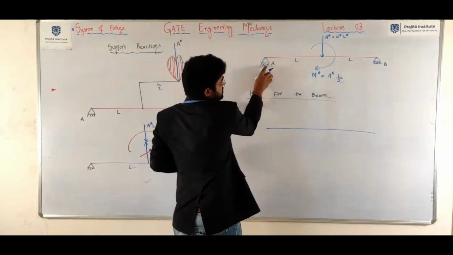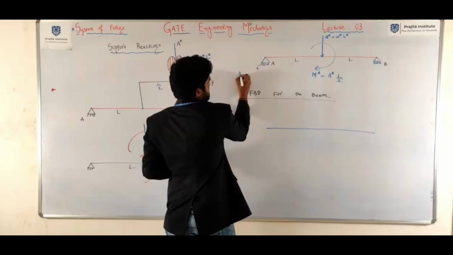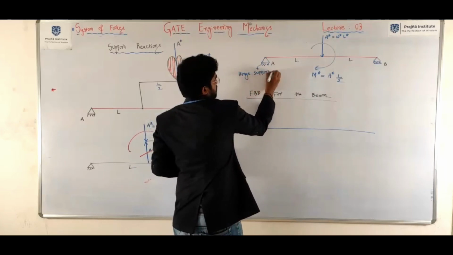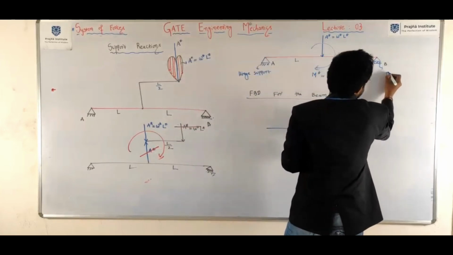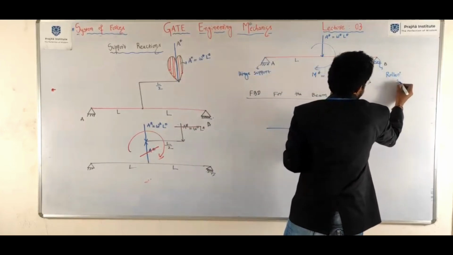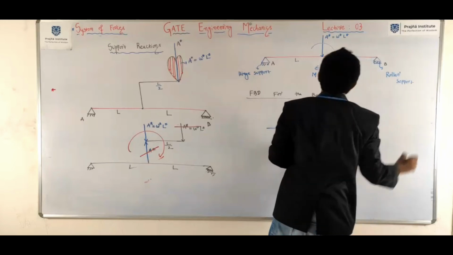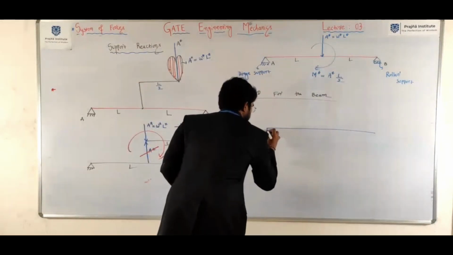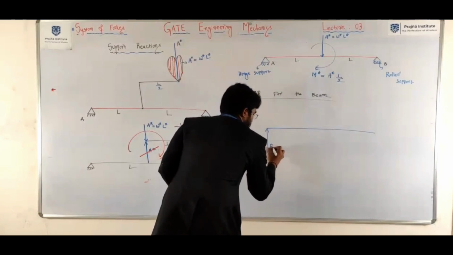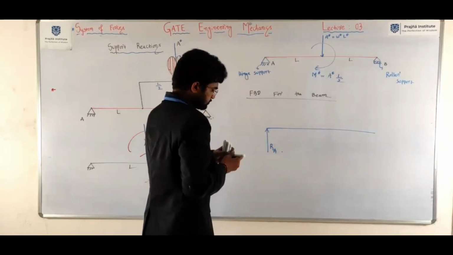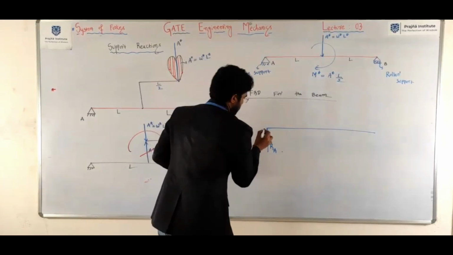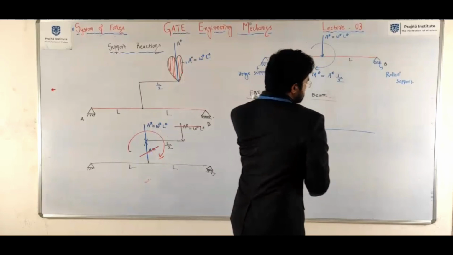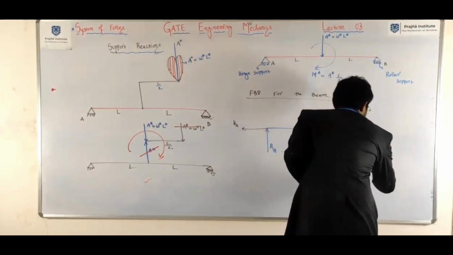It is a hinge support, and roller support. Okay? Two support reactions at hinge support. What are they? This is nothing but RA. Next, this is HA. Next, RB.